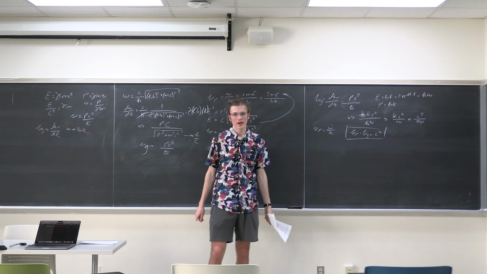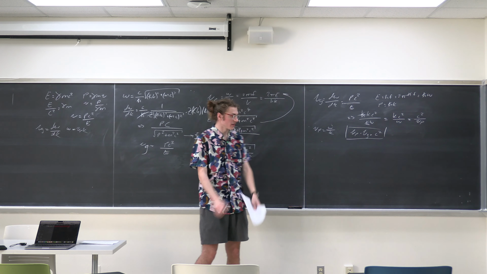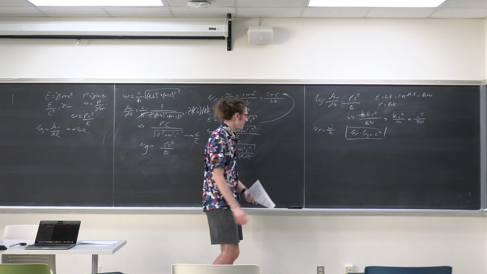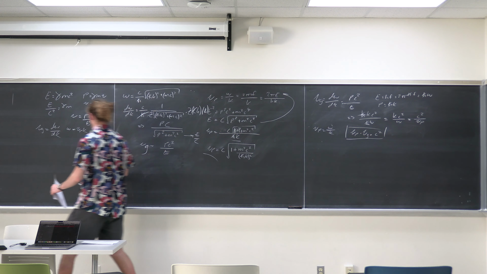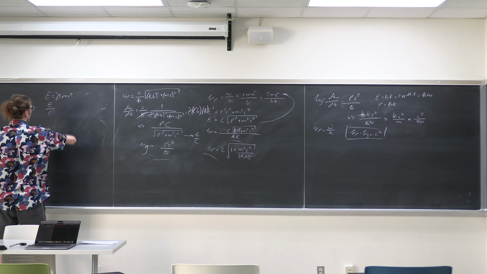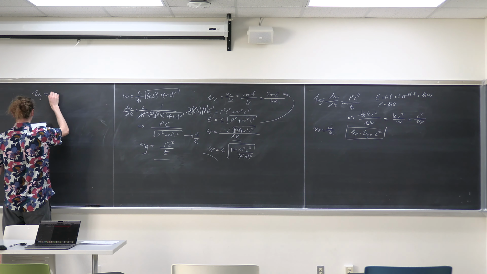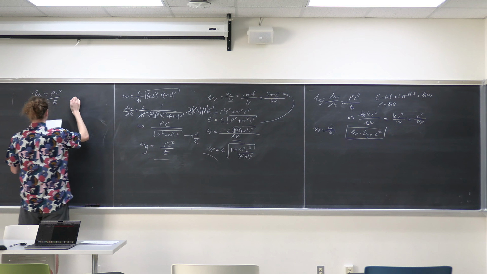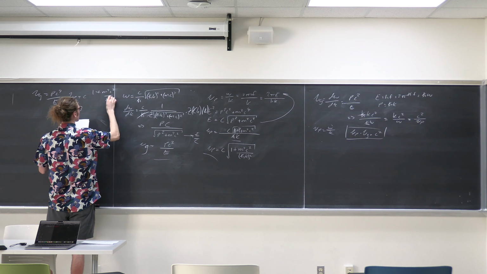And so finally, let's just finish this all off with verifying this with the equations we found earlier, namely this one and this one. Vg equals pc squared over E. And Vp is c times the square root of 1 plus m squared c squared over p squared.